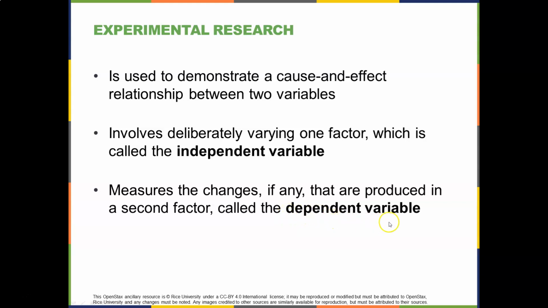which is called the dependent variable. Now, students are usually a little bit confused about this. This is the way I think of it and the way I memorized it when I was a student. The dependent variable uses the word depend, so its status depends on what you do to the independent variable.